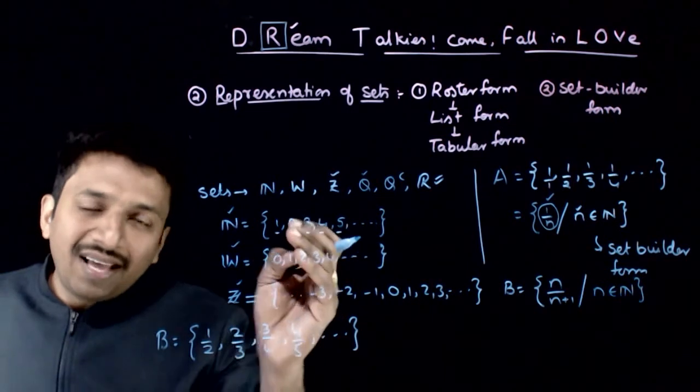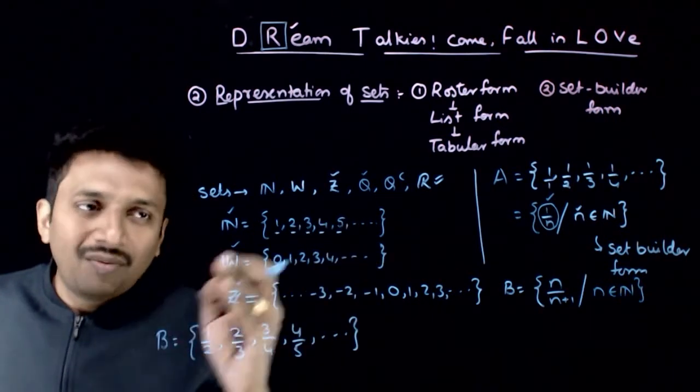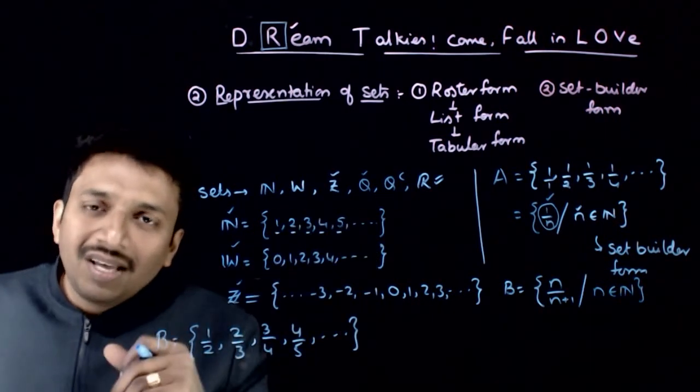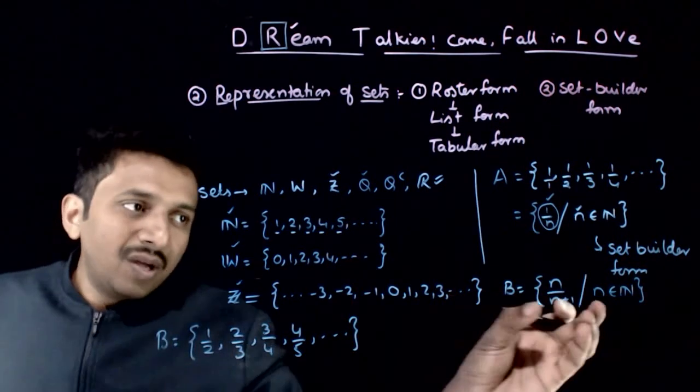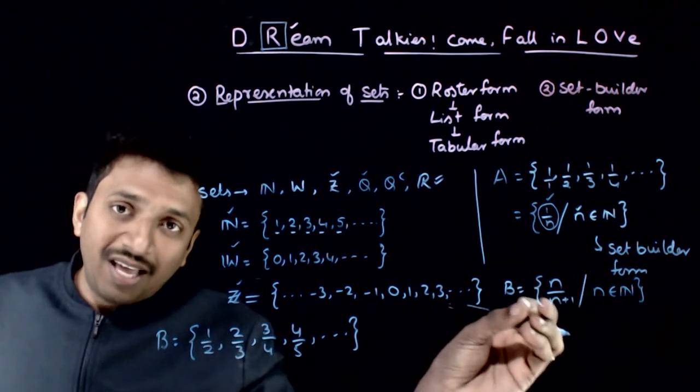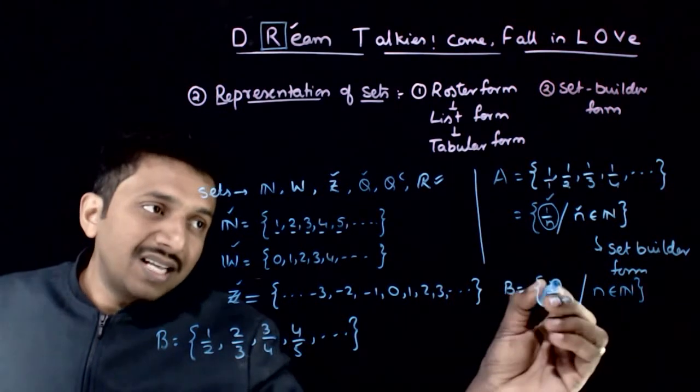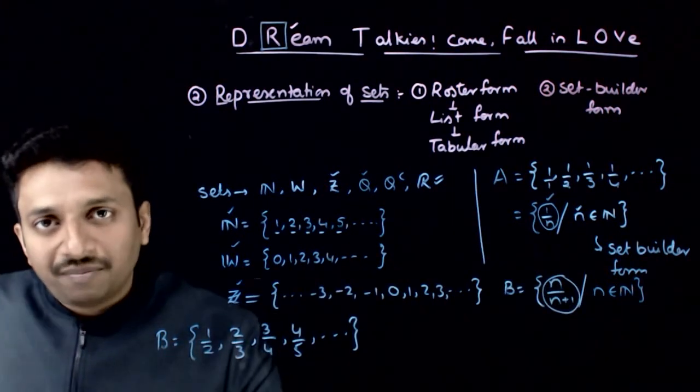So if you write the elements sequentially, one after the other, if you list all the elements, that type of representation is called roster form. If you exhibit the property of the elements of this set, then such representation is called set builder form.